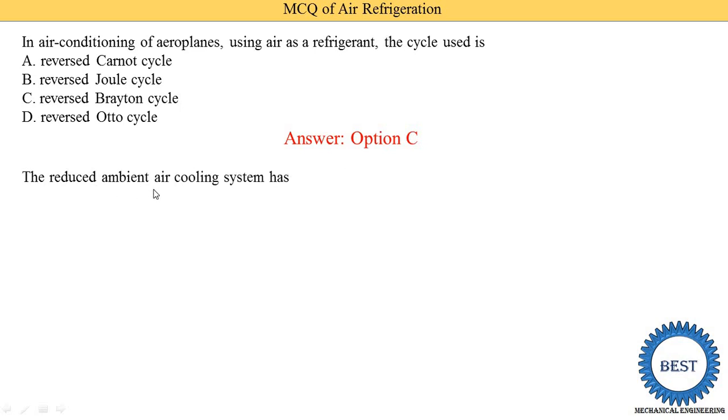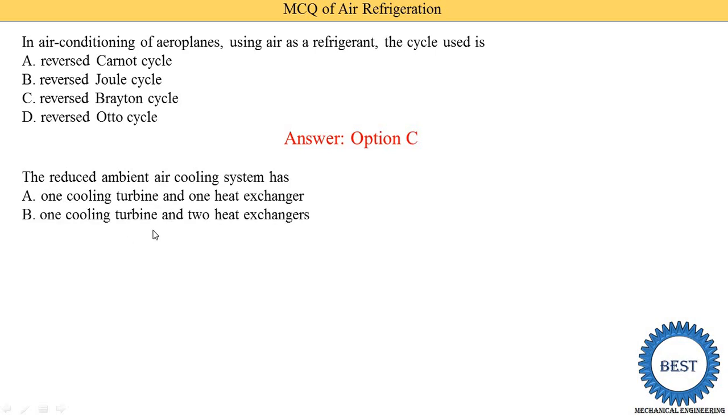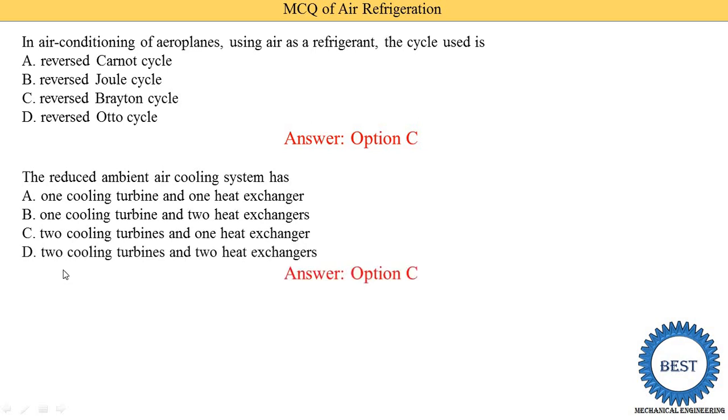The reduced ambient air cooling system has: one cooling turbine and one heat exchanger, one cooling turbine and two heat exchangers, two cooling turbines and one heat exchanger, or two cooling turbines and two heat exchangers. Option C is correct. The reduced ambient air cooling system has two cooling turbines and one heat exchanger.